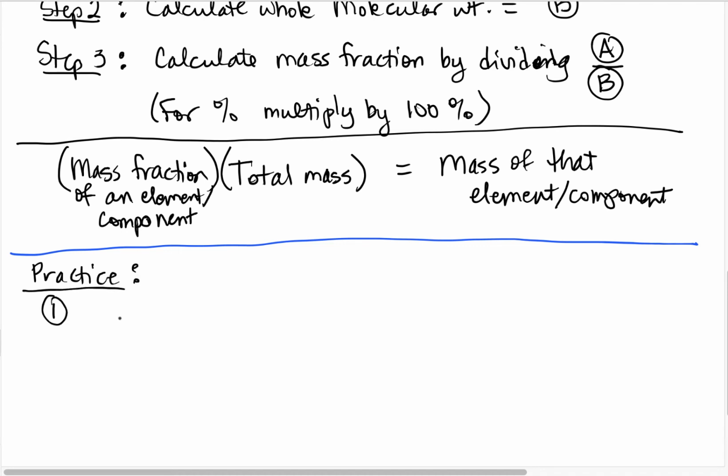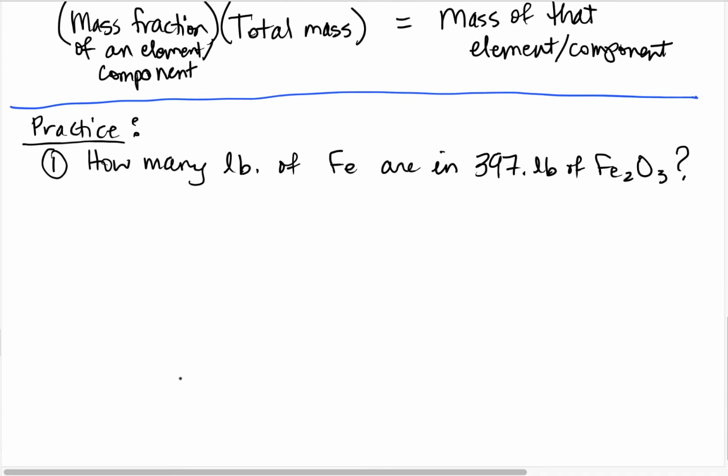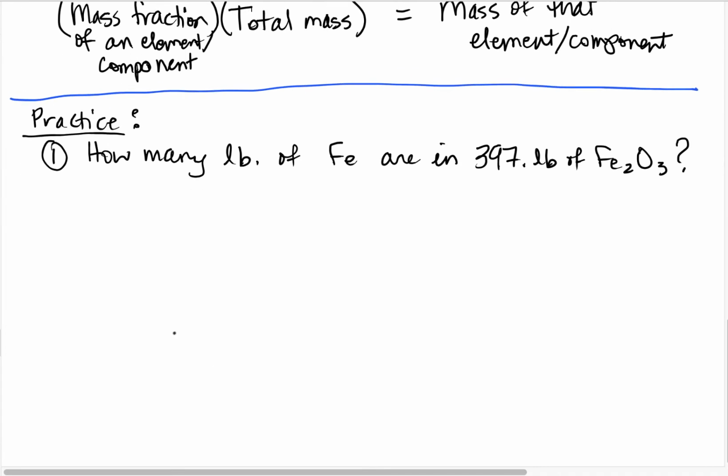So for practice problem 1, our question is, how many pounds of iron are in 397 pounds of iron oxide? If you already know how to do this, then go ahead and do it really fast. I'm going to walk our way through it, and then I'm going to let you try another problem on your own.